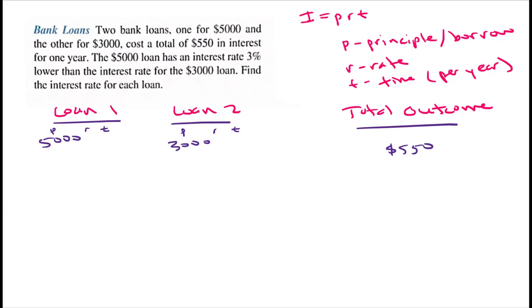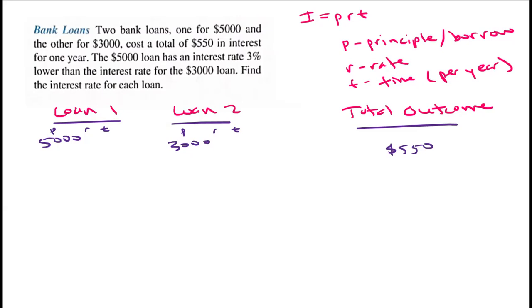So the $5,000 loan has an interest rate 3% lower than the interest rate for the $3,000 loan.